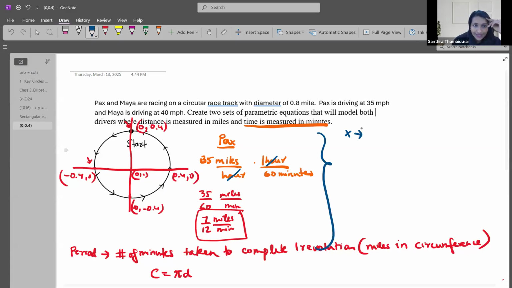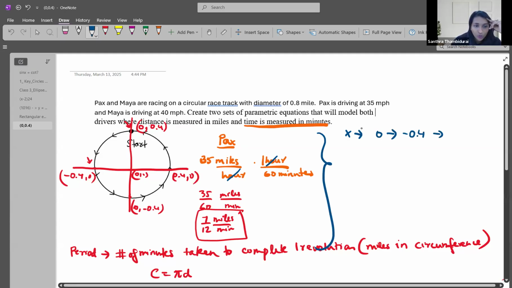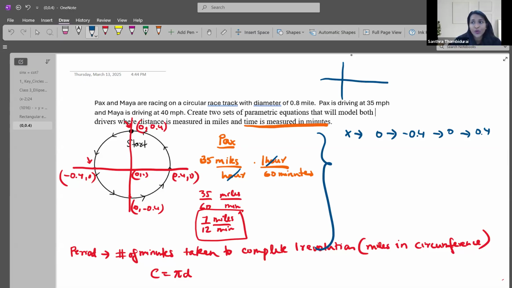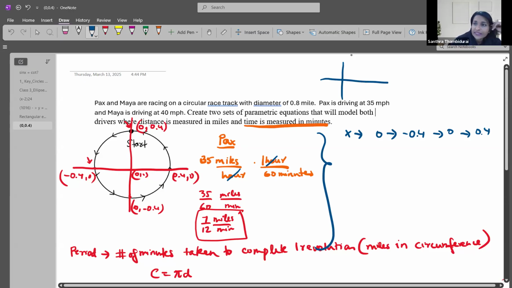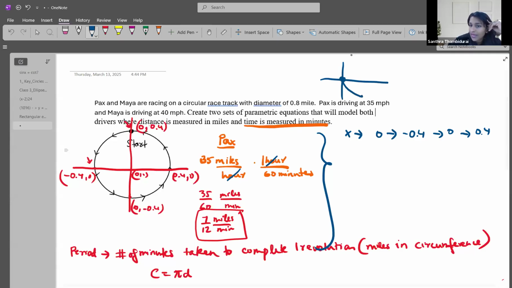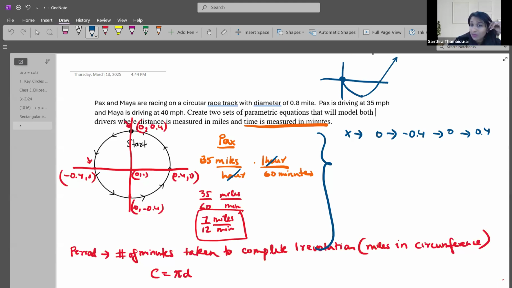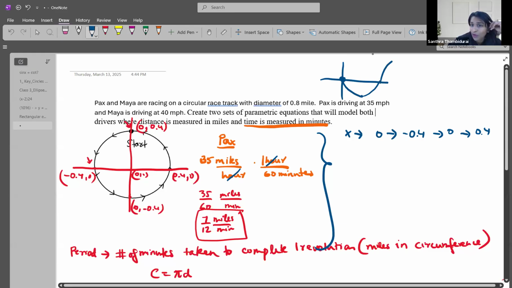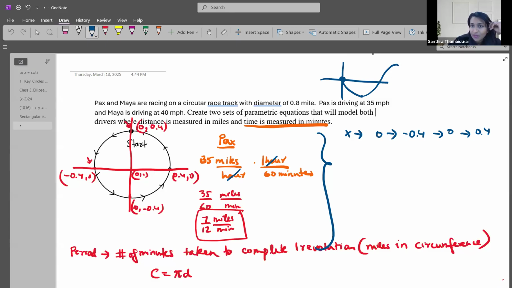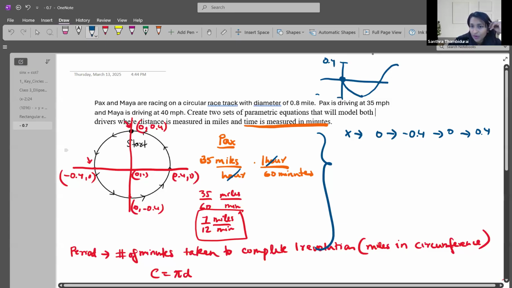So the x coordinates: x starts at 0, and then it goes to negative 0.4, and then it goes to 0, and then it goes to 0.4. If you think about that, that is going to be your reflected sine curve, because a reflected sine curve starts at the origin, then goes to your minimum, comes back to your midline, and then goes to your maximum. So this is your maximum, 0.4, and this is negative 0.4, correct?